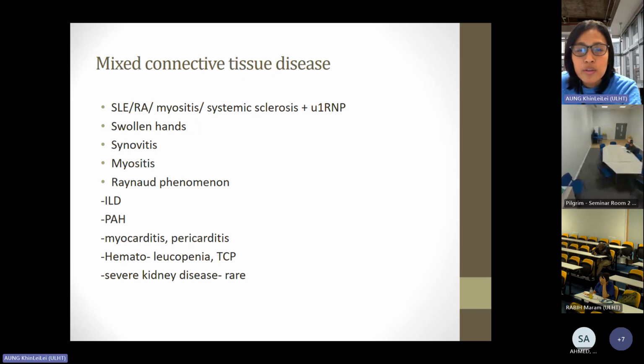The patient presents with some swollen hands, synovitis, myositis, renal involvement. The patient cannot be categorized into a specific connective tissue disease. We call it mixed connective tissue disease. The patient can have interstitial lung disease, pulmonary hypertension, myocarditis.